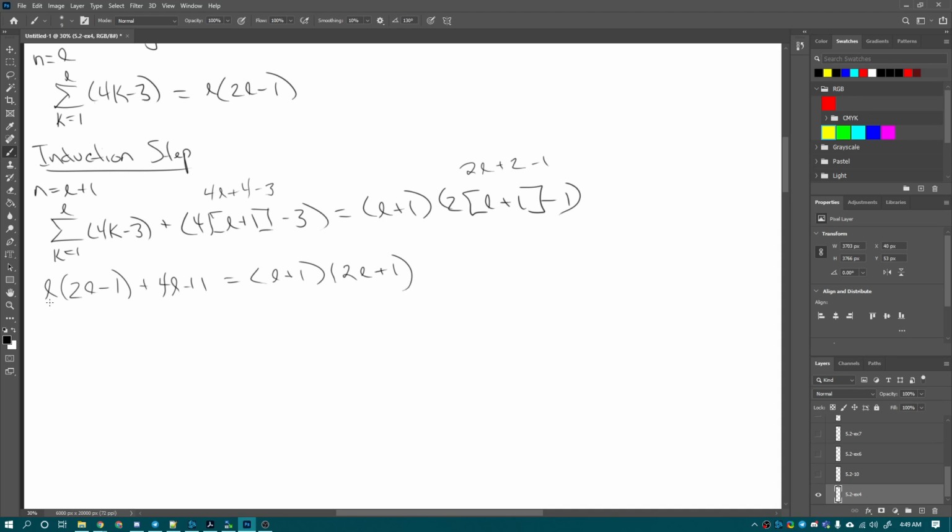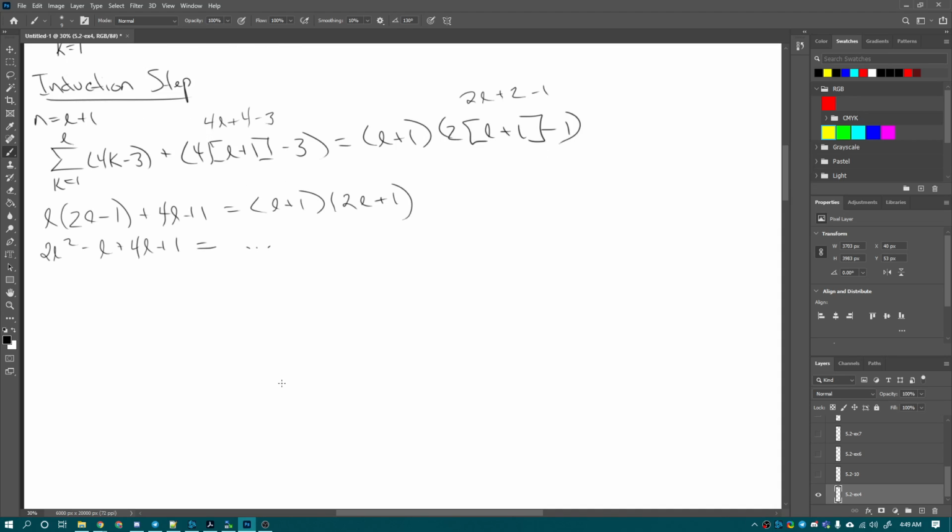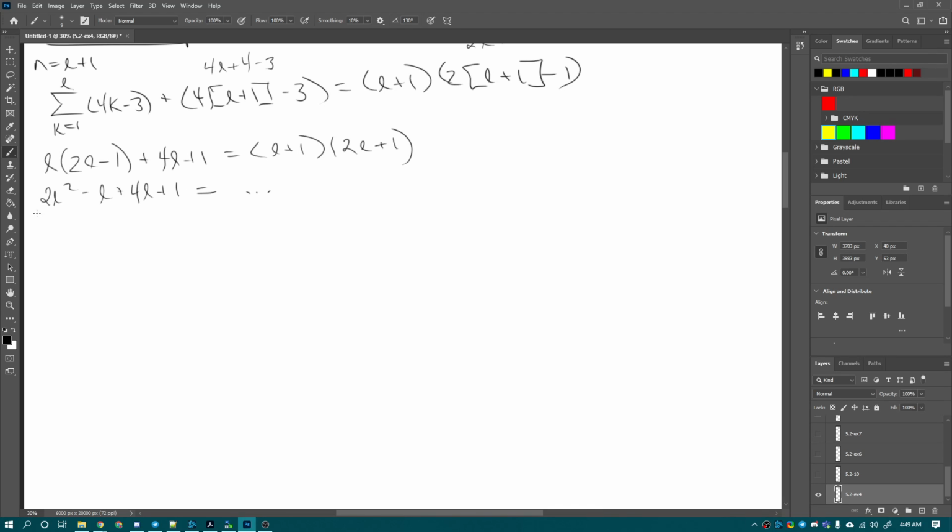I'm going to distribute this L to this parentheses here, so that's 2L squared minus L plus 4L plus 1 is equal to dot, dot, dot. This is 2L squared plus 3L plus 1 is equal to dot, dot, dot.